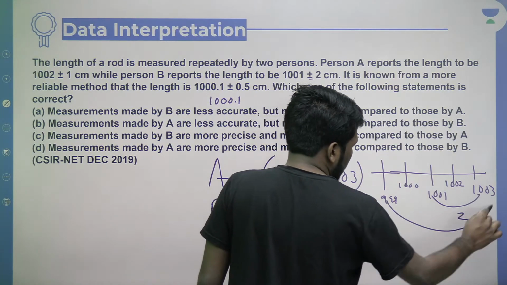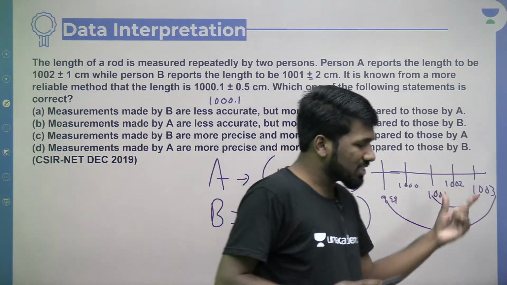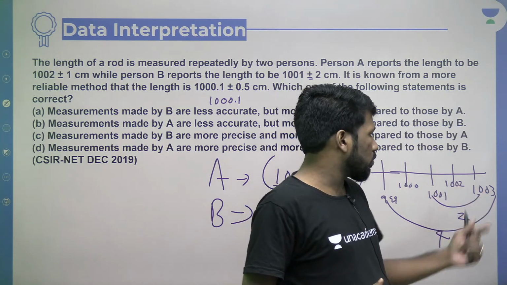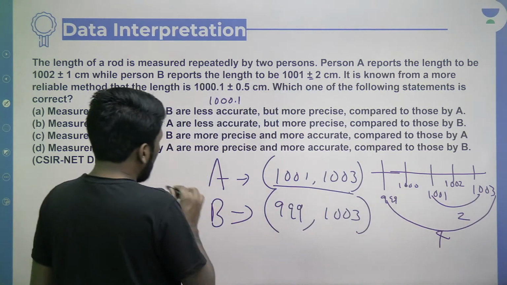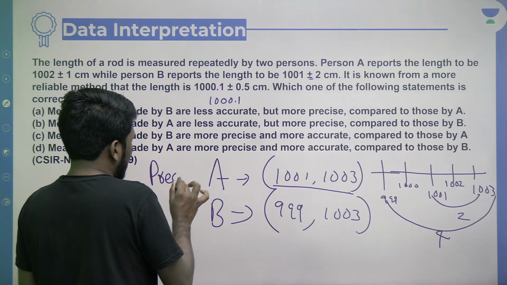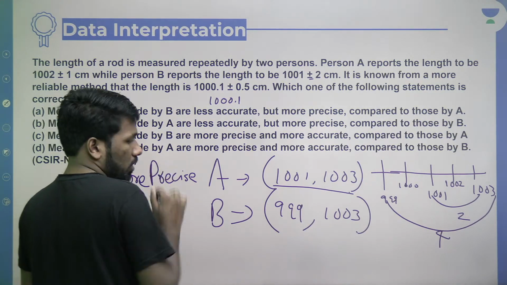So from 999 to 1003, 4 units are there. More precise means a smaller range. The smaller range is 1001 to 1003. So definitely A has the maximum precision. More precise is A. Did you all understand what precision is?